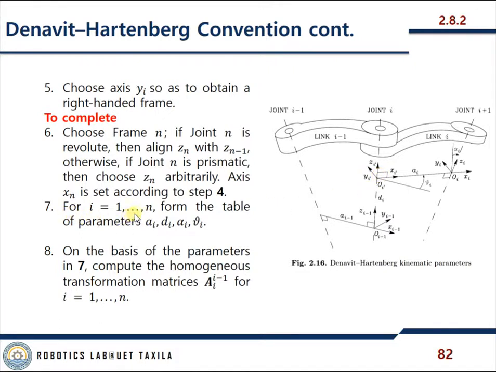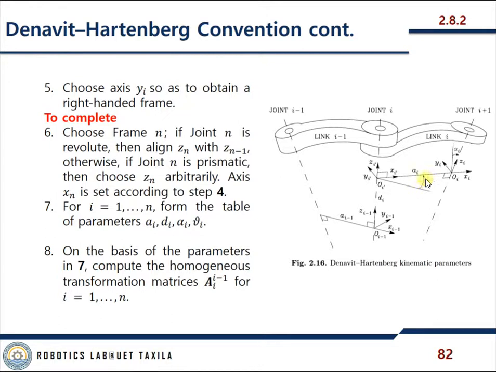For i equals 1 to n, from the table of parameters, form the table of parameters ai, di, alpha i, and theta i. Theta i is the rotation along zi-1, and alpha i is the rotation along the x-axis.